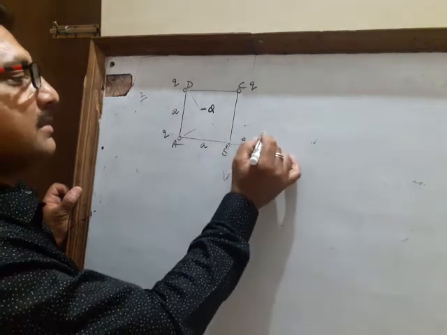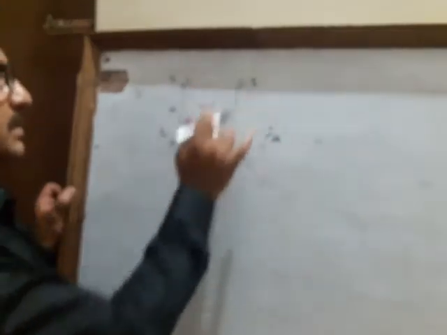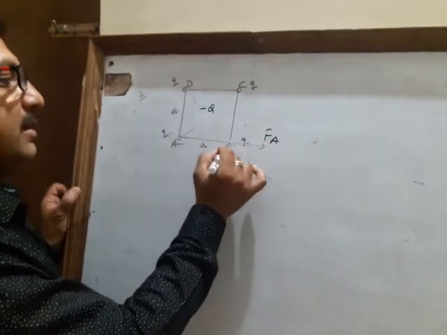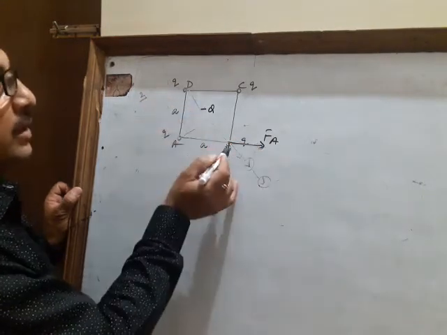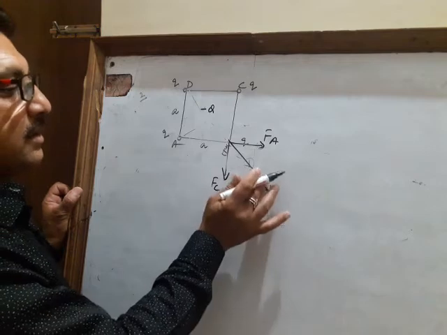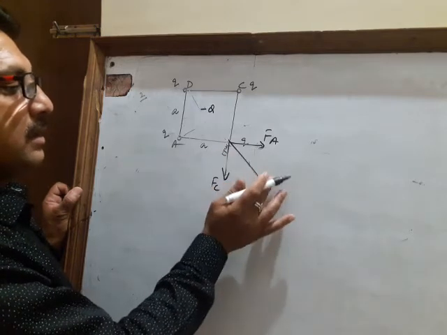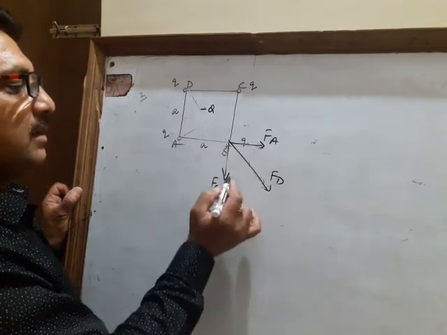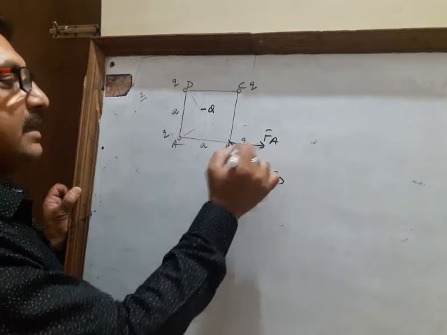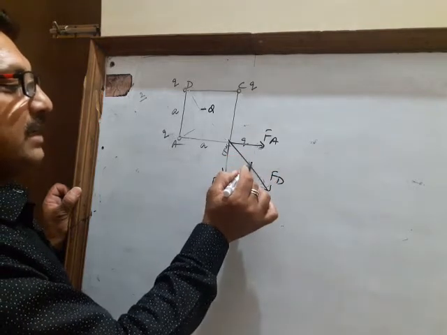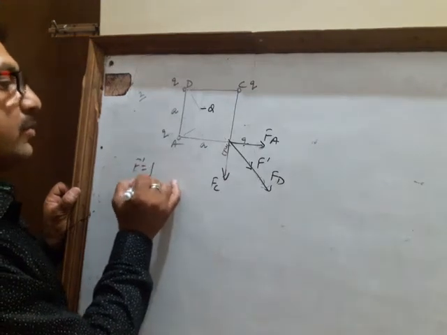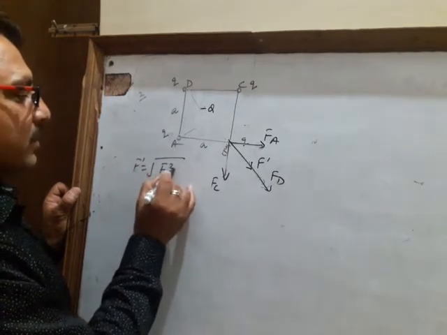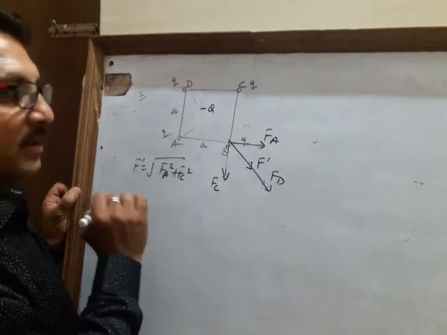One due to A is Fa, due to C this is Fc, due to D this is Fd. If you take the resultant of Fa and Fc, let it be F dash. F dash is equal to under root of Fa square plus Fc square.